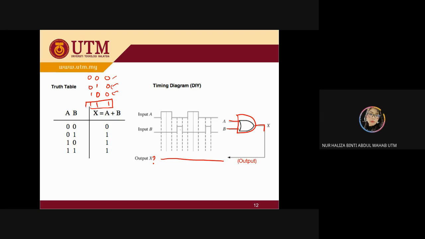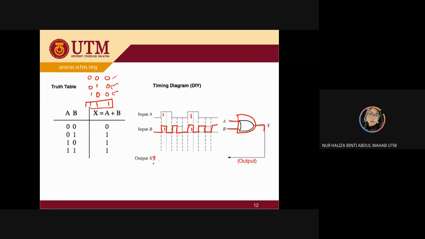Let's say I have this for my input B. So I have over here 1, 1, 0, 1, 1.